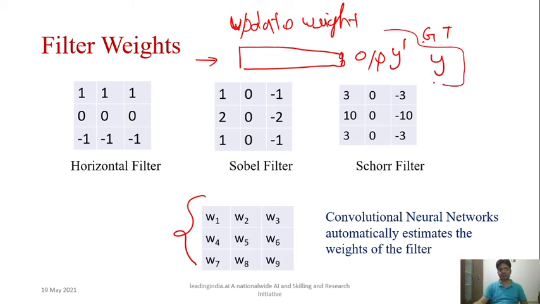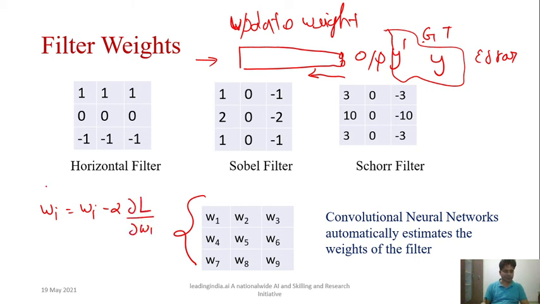Based on y and y dash we compute the error. Then based on this error we backpropagate with the help of the gradient and update these weights. We use the simple formula, as you remember, wi equals wi minus alpha times del L by del wi. With this formulation we find the correct weights.